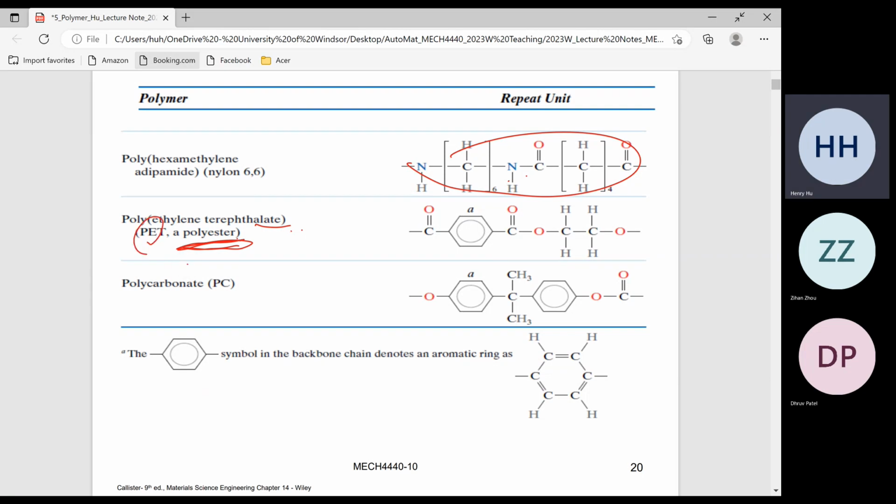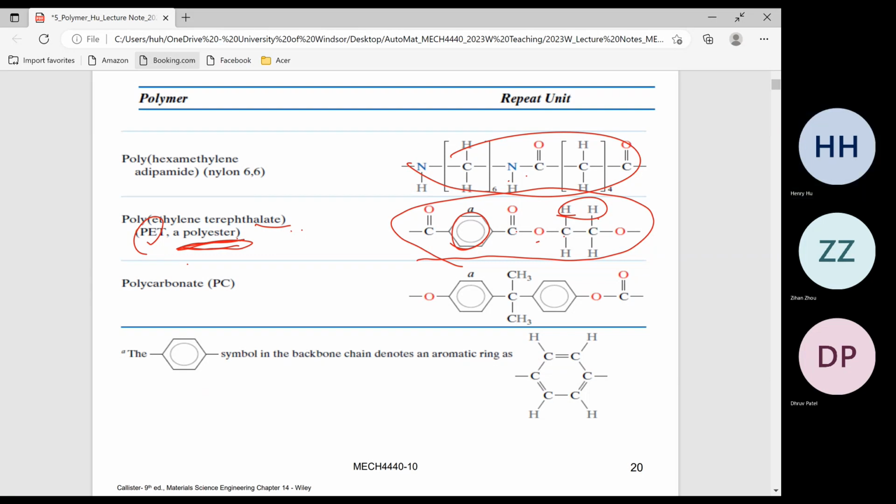The repeat unit has a very complicated structure with a ring structure, and a carbon and oxygen, and then not only the hydrogen connected to the carbon in the key line structure, but I also have a hydrogen and oxygen involved.